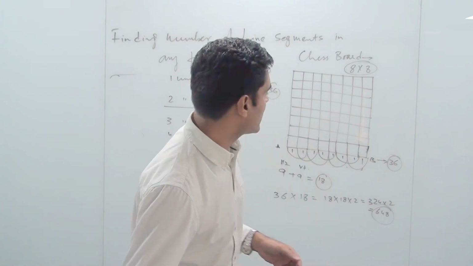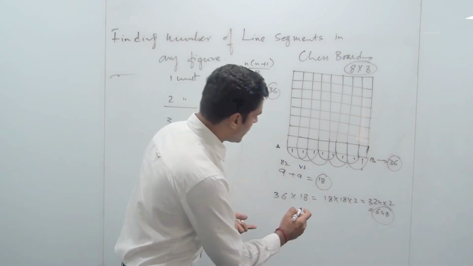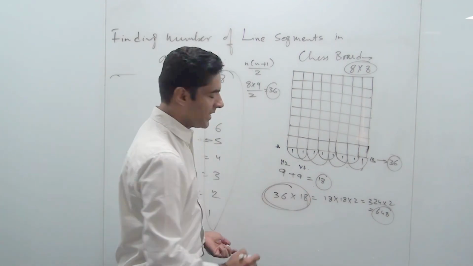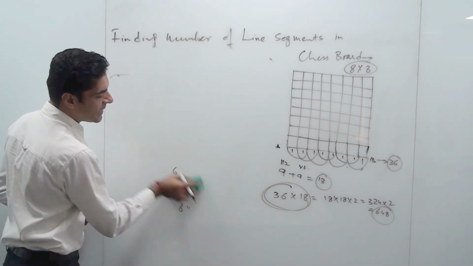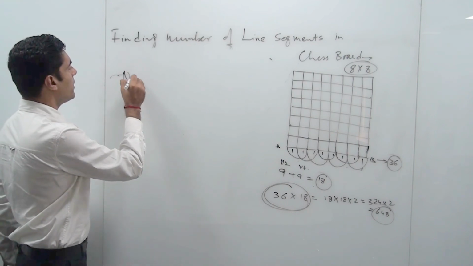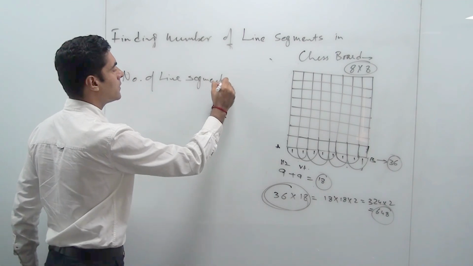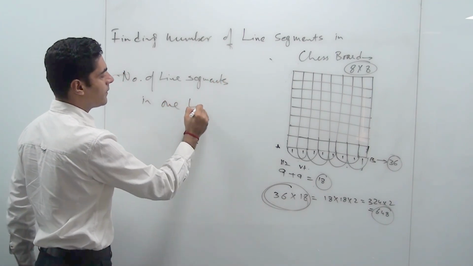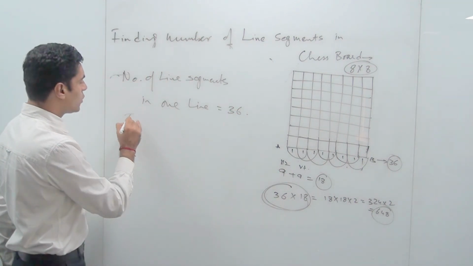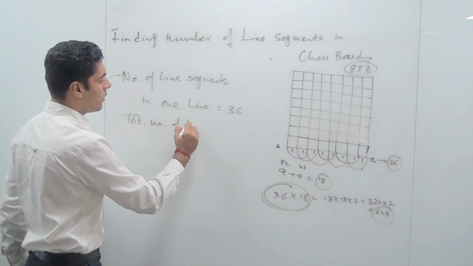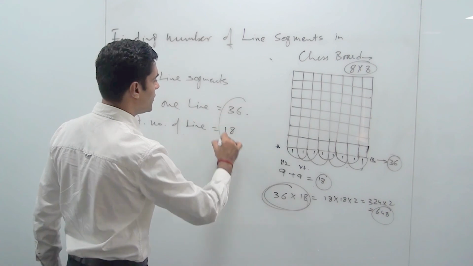In the 6 by 6 grid, the only 2 factors which you must know are, for example in this case, the two things I multiplied, 36 into 18. 36 was the number of line segments in one line, AB in this case, and I multiplied that with the total number of lines, which was 9 plus 9, that is 18. So it was 36 into 18.